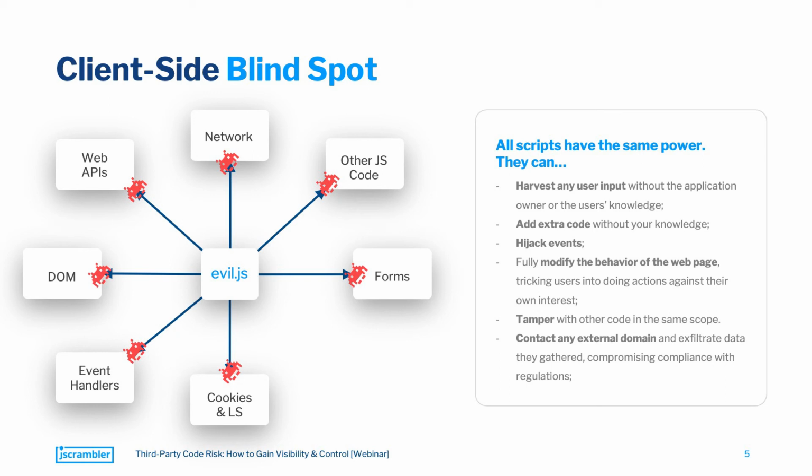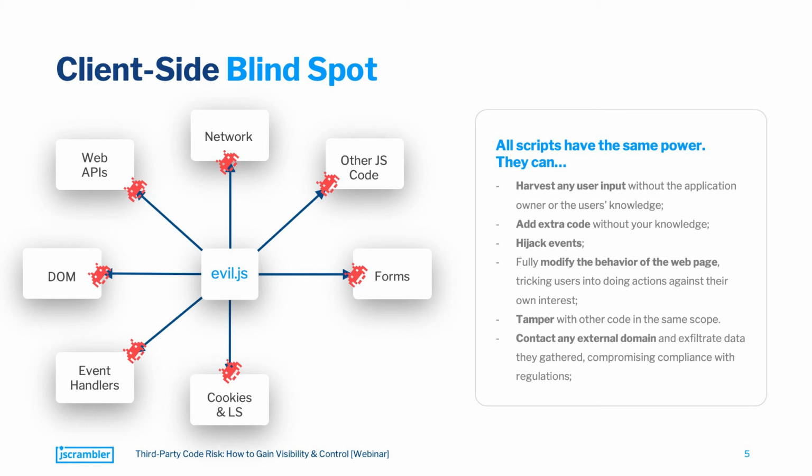I also just want to mention PCI DSS, because it outlines security best practices to protect cardholder data. And one of the key requirements of this standard is to deploy a change detection mechanism, like file integrity checks and monitoring, and to generate alerts to personnel if an unauthorized modification has happened.